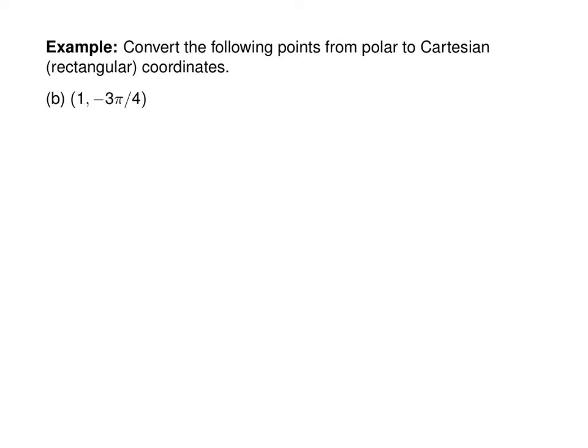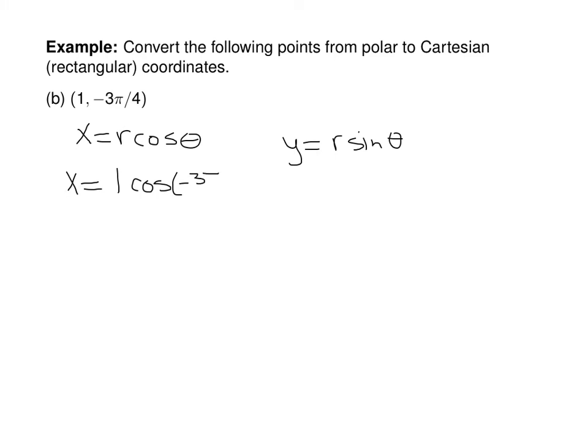Now the point (1, -3pi/4). Once again we have x equals r cosine theta, y equals r sine theta. So x would equal 1 times cosine of negative 3 pi over 4, and y would equal 1 times sine of negative 3 pi over 4.